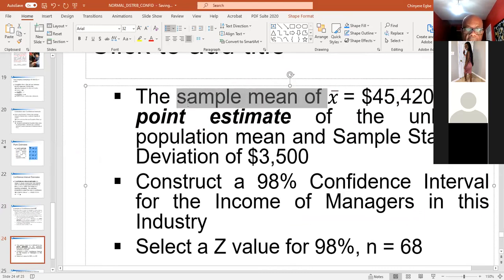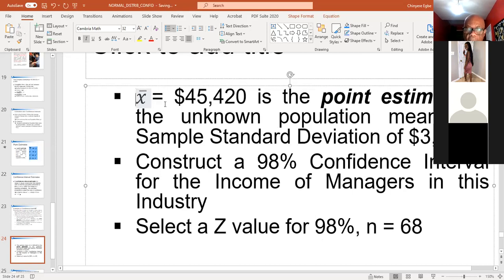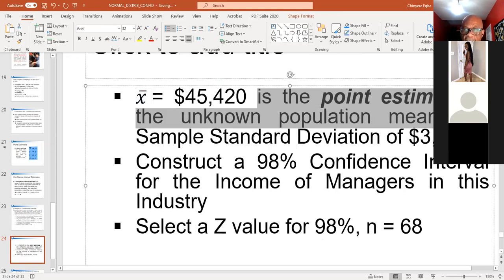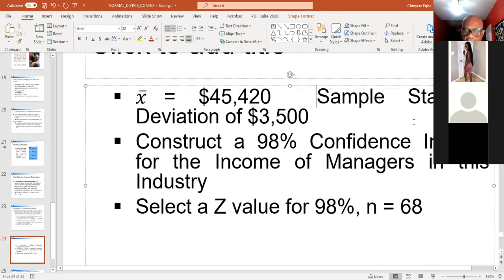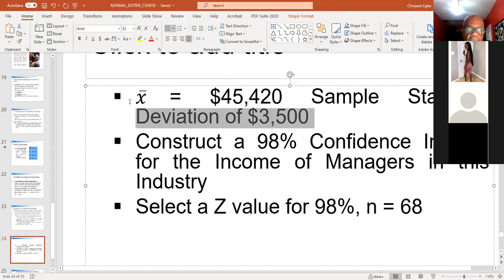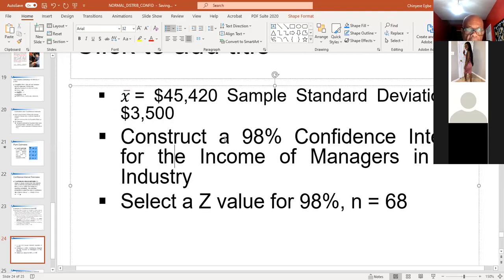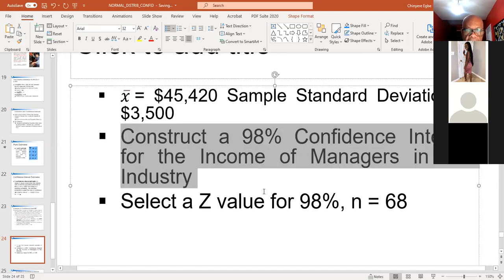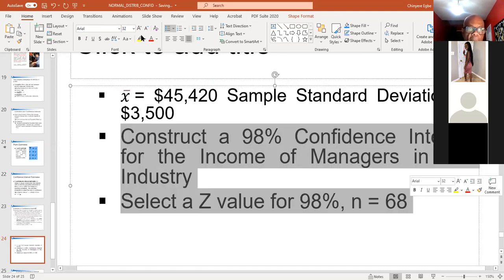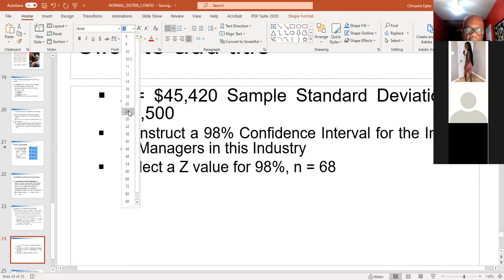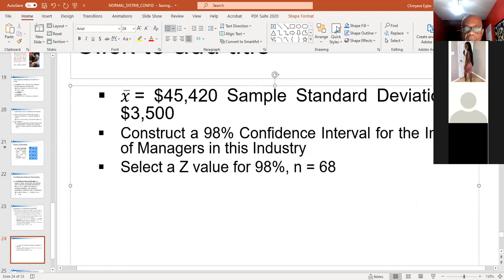X bar, the point estimate, and standard deviation of 3,500. We're going to construct a 98% confidence interval, so we select the Z value for 98%.